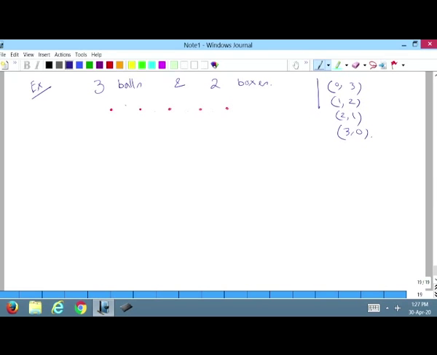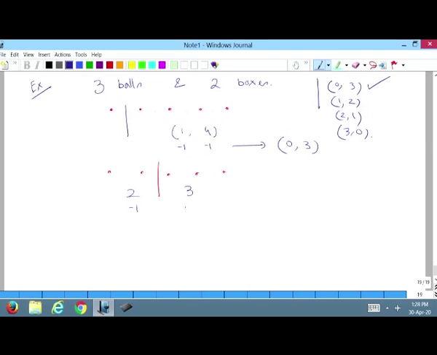So, consider this. Therefore, the arrangement of balls is 1, 4. Now, if we subtract 1 from each of them, we get 0, 3. Similarly, if we consider this to be the line, then we will have the solution to be 2, 3.